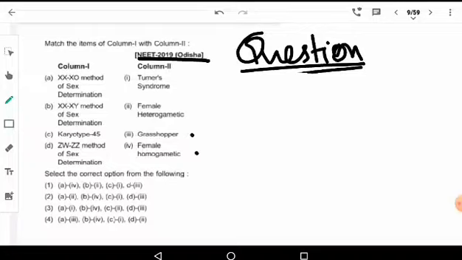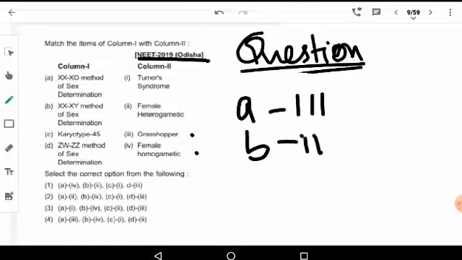So let us move to the second option, XX-XY method of sex determination. XX-XY method is female homogametic, you can say, and XX-XO method we can put it with grasshopper. So let's put A is 3 and B is 4. Karyotype 45 is seen in Turner syndrome, so C should be 1.